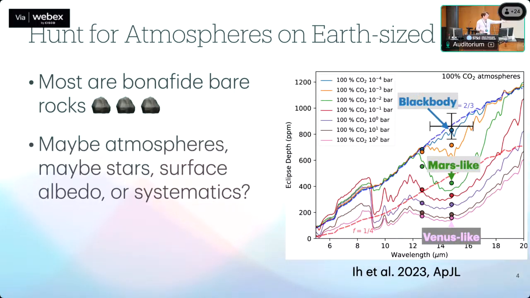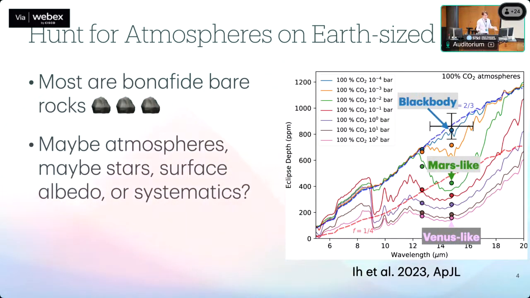This figure shows how 5 eclipses of TRAPPIST-1b were able to rule out even a thin Mars-like CO2-dominated atmosphere. However, some of these observations are still ambiguous, and atmospheres remain possible in some cases.